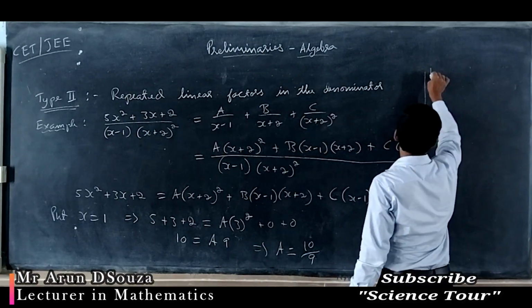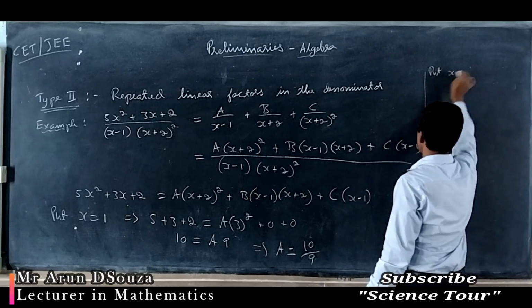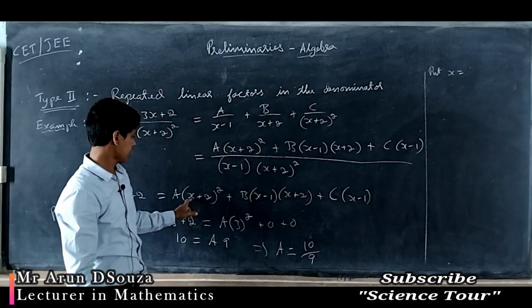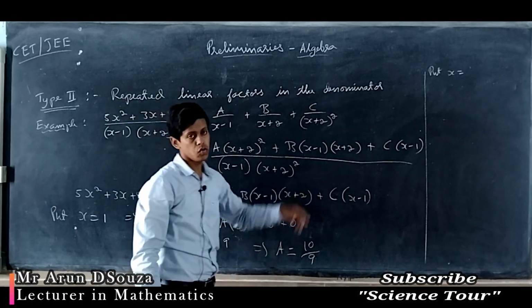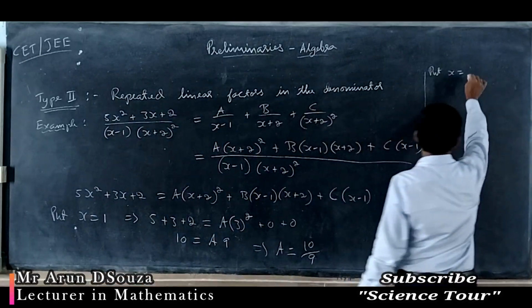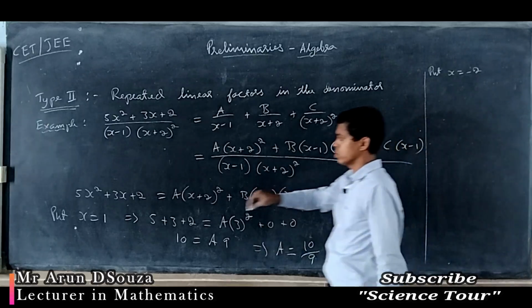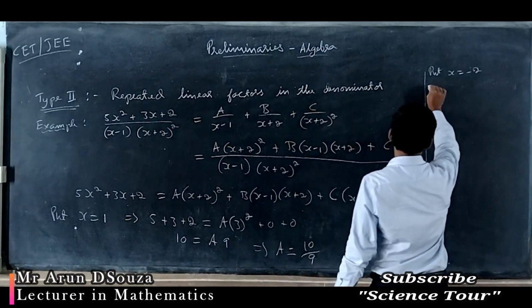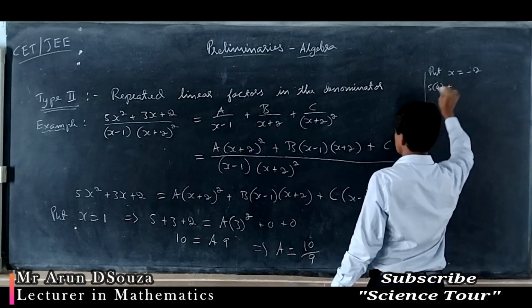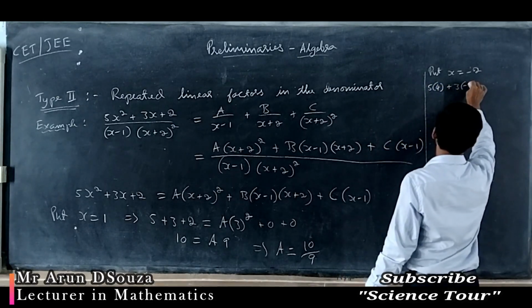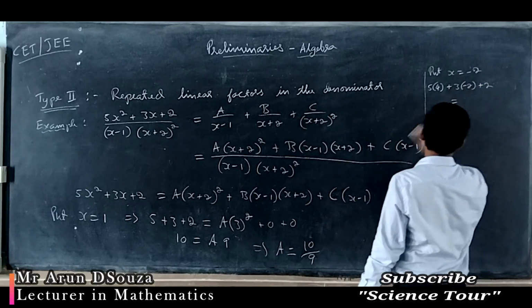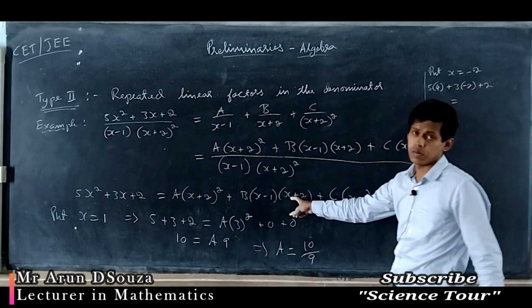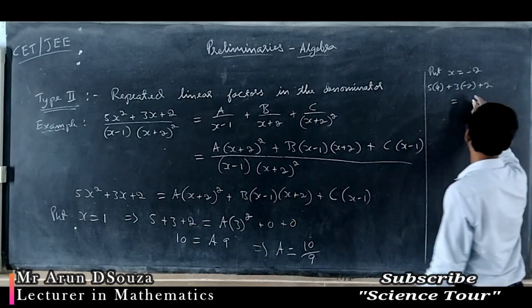Next, we have to put x is equal to minus 2. See, when you put x is equal to minus 2, this will be 0 and this also will be 0, we will get c. Okay, so put minus 2. When you put minus 2, calculate carefully. This is 5 into minus 2 square, 5 into 4 I will write as it is, plus 3 into minus 2 plus 2, that is equal to, now this will be 0 and even this will be 0, correct? So only c will remain.